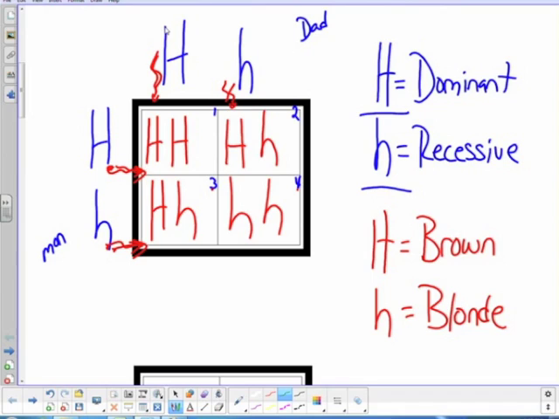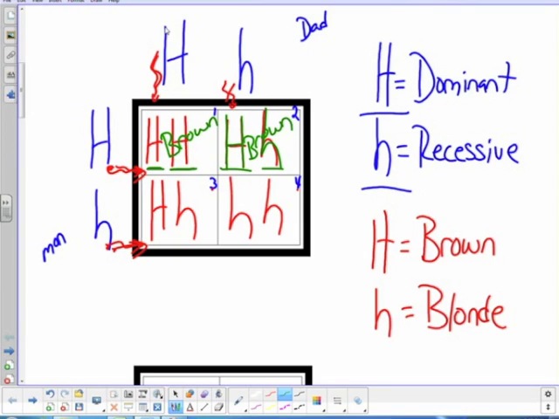So capital H, capital H. A dominant allele for brown. Dominant allele for brown means that this right here is brown. Here I have a dominant allele for brown and a recessive allele for blonde, but remember that this dominant overtakes the blonde, therefore this is still brown.